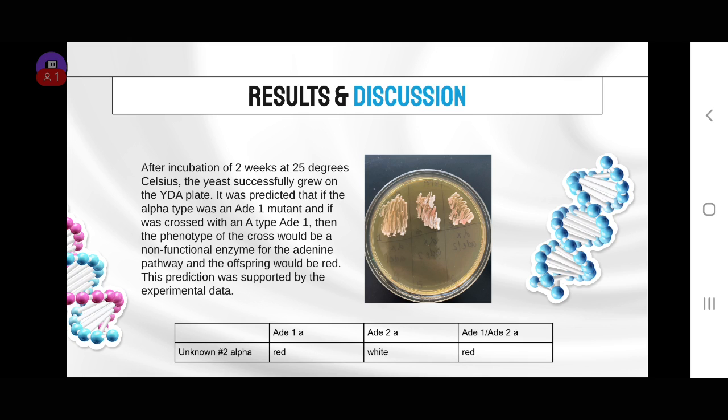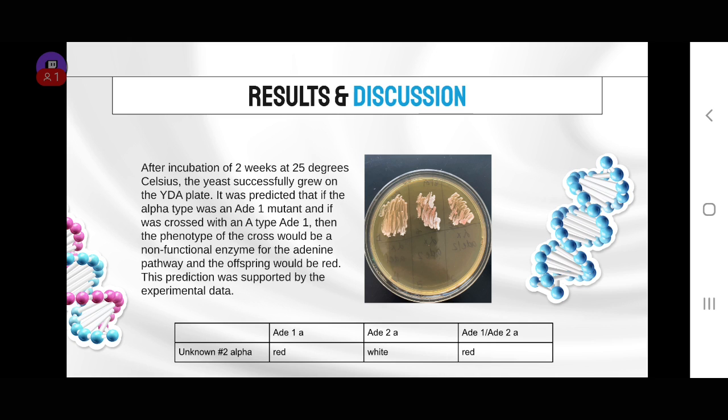The chart below shows the observations of the different crosses. So we have the unknown type 2 alpha and the ADE1 A-type, ADE2 A-type, and ADE1 ADE2 A-type mutants, and the resulting offspring for ADE1 A times our unknown alpha was red.